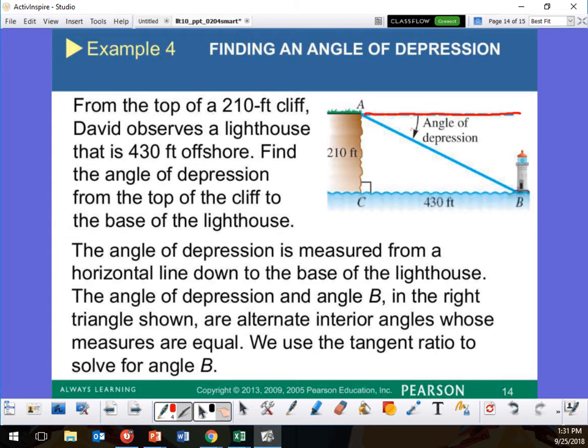Right here it says from top of a 210-foot cliff, David observes a lighthouse that is 430 feet offshore, way over here. Find the angle of depression from the top of the cliff to the base of the lighthouse. Find the angle. This should hit that key word, find the angle.